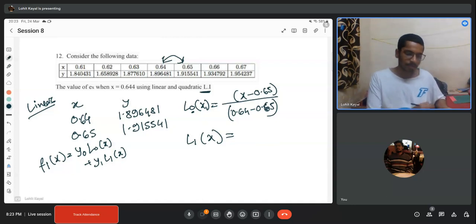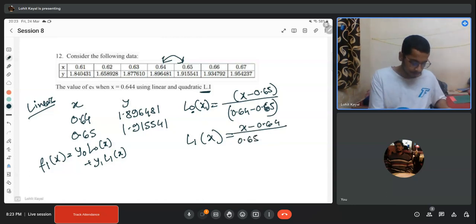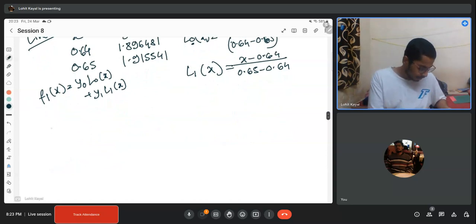This is a good exercise for that, questions 13 and 14. So it will be x minus 0.64 divided by 0.65 minus 0.64. Now f1 of 0.644.